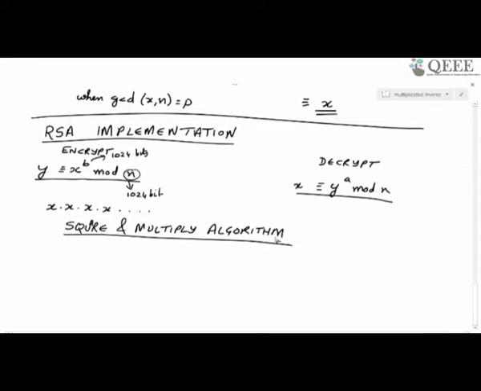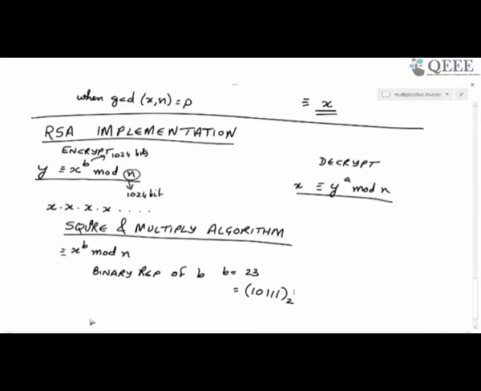Okay, so let us say that we want to compute x to the power of b mod n. The first thing that we do is take a binary representation of b. So for example, if b equals 23, then its binary representation is 10111.